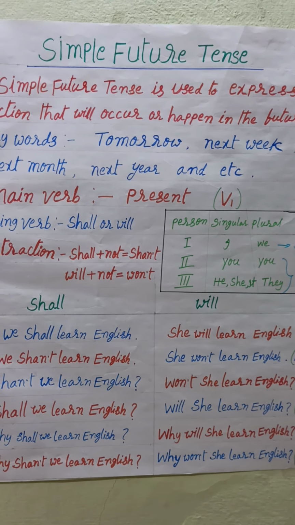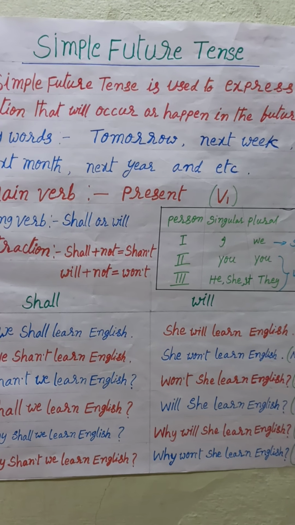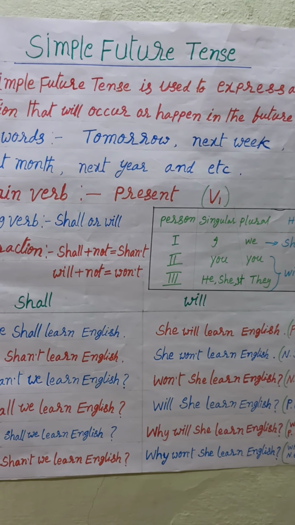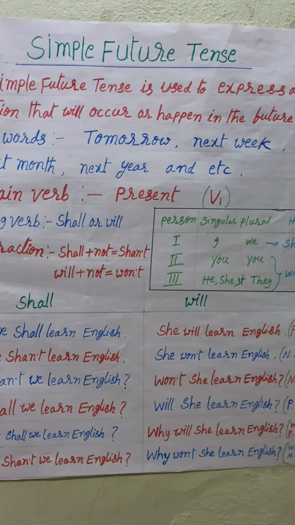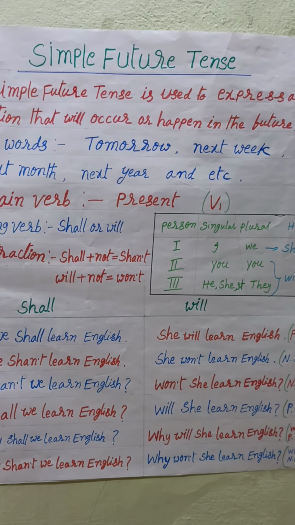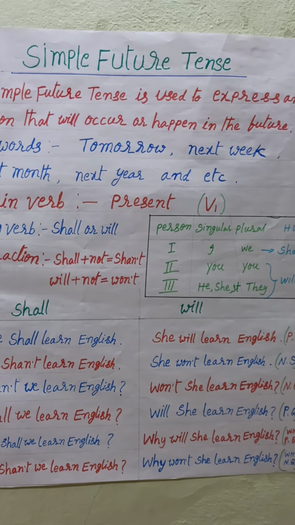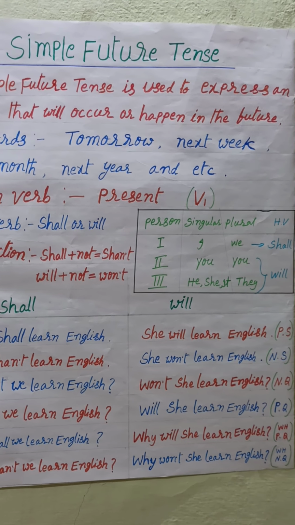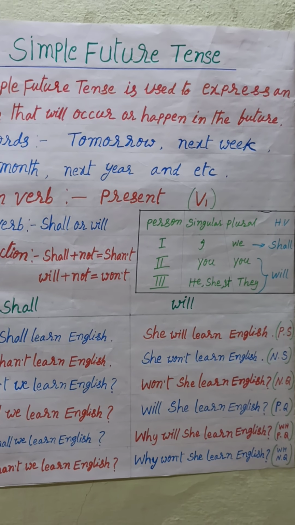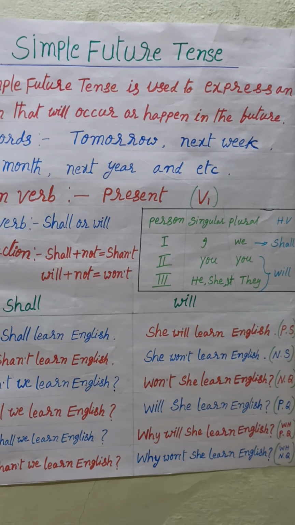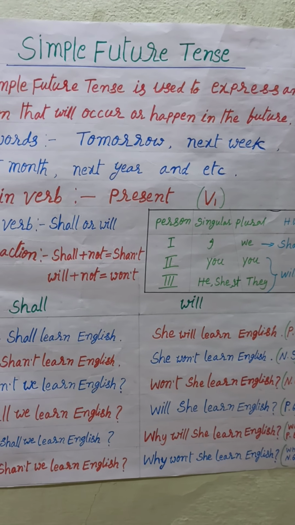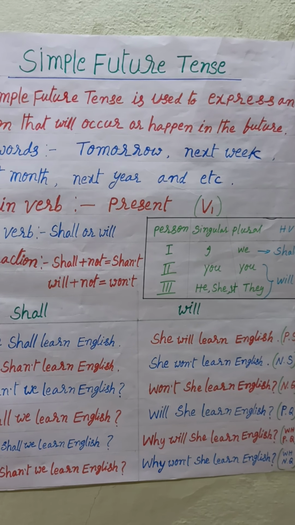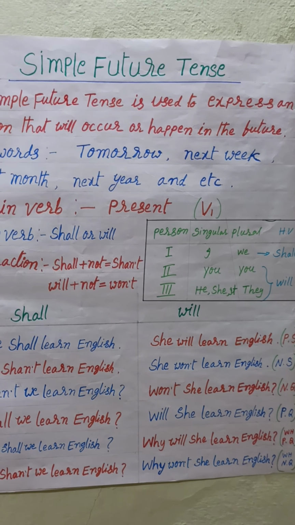In the simple present tense, we use V1 and V5, and in simple past tense we use V2 or V1, but here in this simple future tense we use only V1.